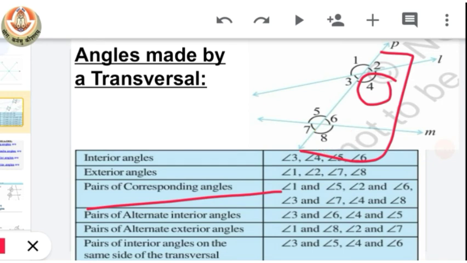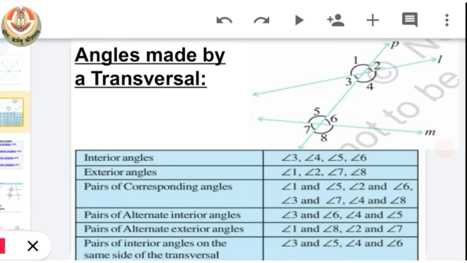Now let's see another type of pair of angles made by a transversal, which is pairs of alternate interior angles. Now see, it contains interior. That means we will only talk about interior angles, which are 3, 4, 5 and 6. And also there is a term alternate. That means we have to take the alternate of the interior angle.